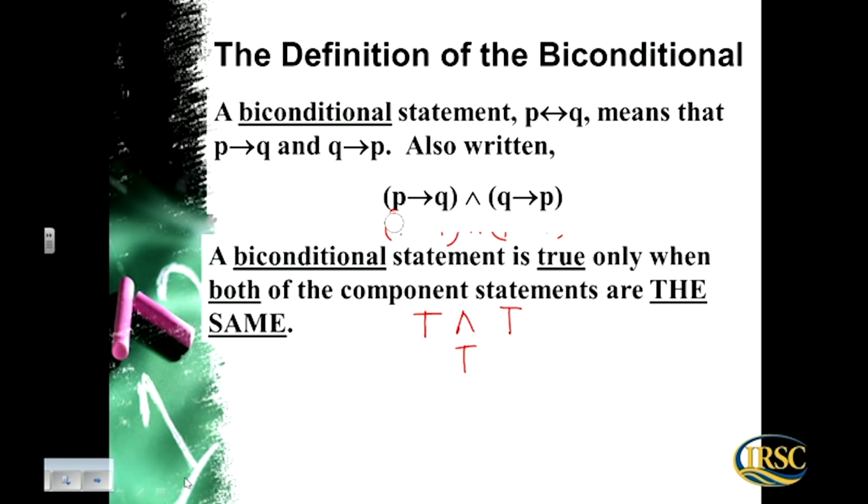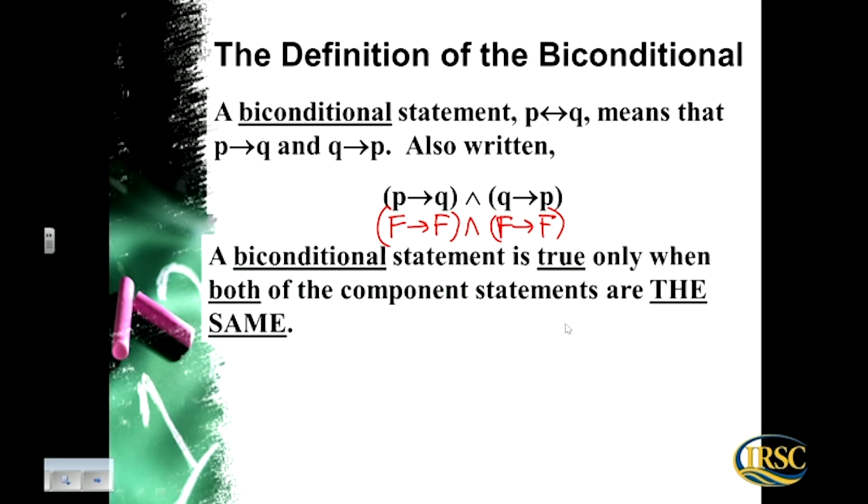Okay, let's take a look at when they are both false. So P is false and Q is false. Well, if false, then false is true, right?